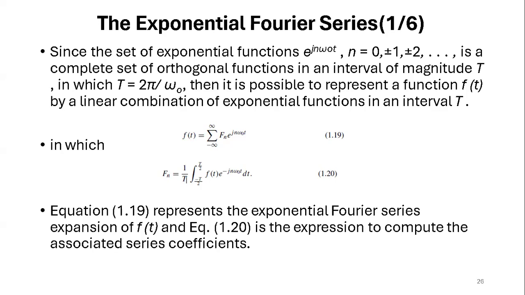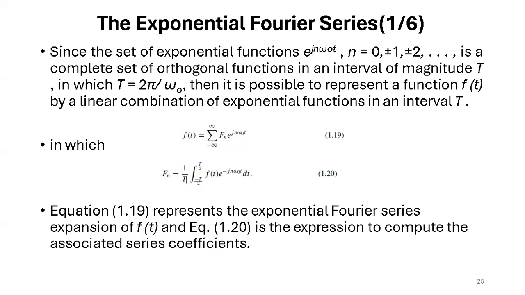Then it is possible to represent a function f of t as a linear combination of exponentials over the interval of the period: f of t is the summation from minus infinity to infinity of F n exponential j n omega t, in which F n is equal to 1 over the period, integral from minus half period to half period of f of t e to the minus j n omega t dt.